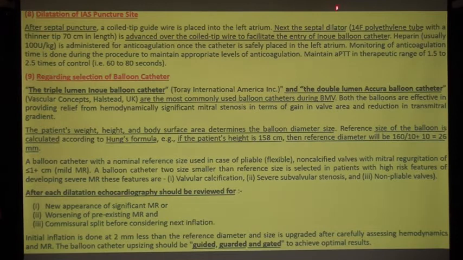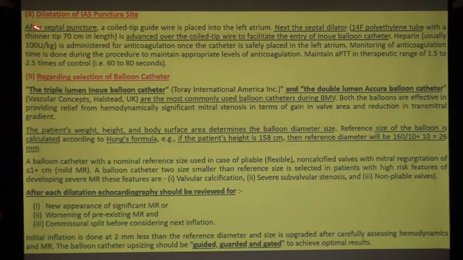Next, the septal dilator, a 14F polyethylene tube with a thinner tip, 70 cm in length, is advanced over the coiled tip wire to facilitate the entry of the Inoue balloon catheter. Now, heparin is usually 100 units per kg body weight, administered for anticoagulation once the catheter is safely placed in the left atrium.